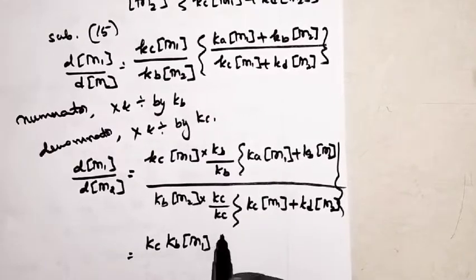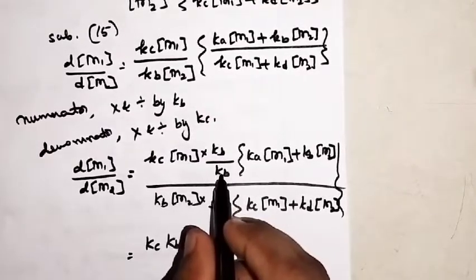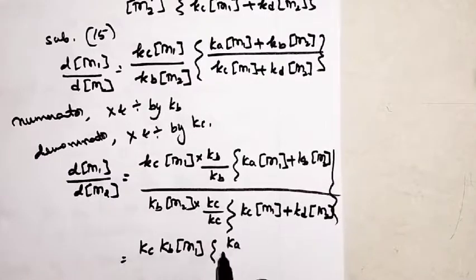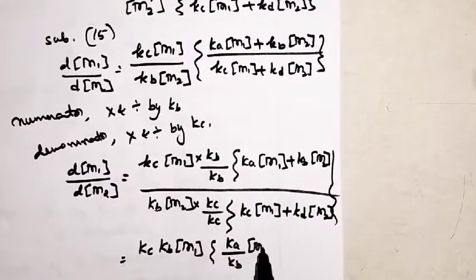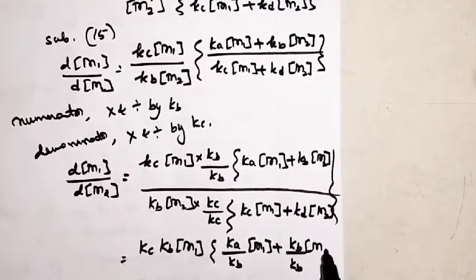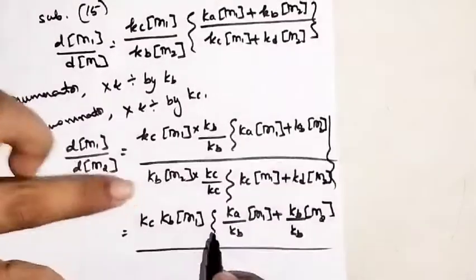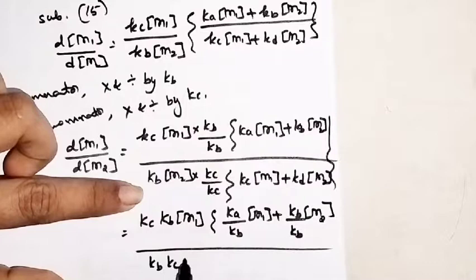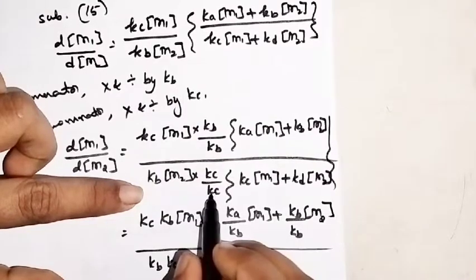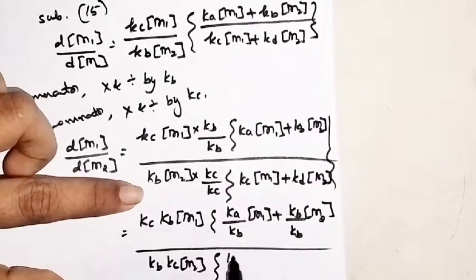So what I am doing, I am writing 1 by Kb is there, that is taken inside, Ka by Kb into concentration of M1 plus Kb by Kb into concentration of M2, right, M2, divided by Kb. I am writing Kc together. Okay, in this Kc taken inside. Kc by Kc concentration of M1 plus Kd by Kc into concentration of M2.